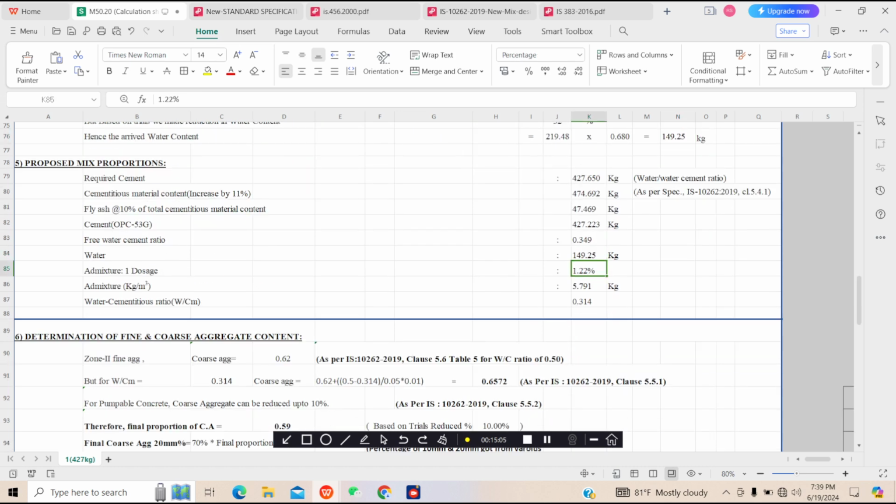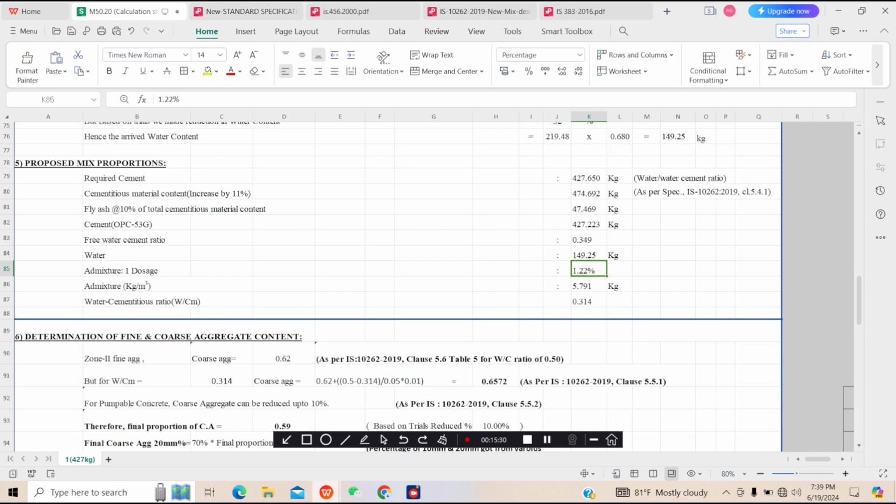And the admixture, that is the chemical admixture, the water reducing admixture. Here we have used 1.22%. Actually, we reduced it to 0.5% during the trial time, but the concrete that we obtained was not of very good quality.